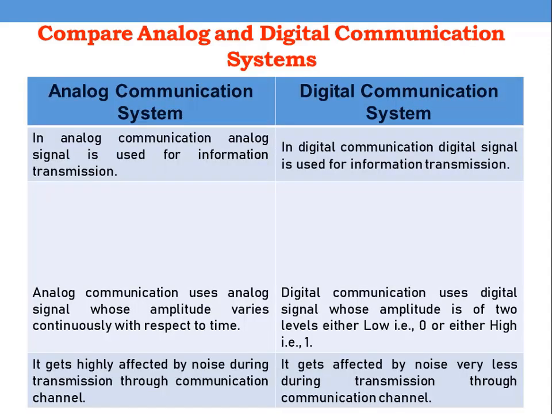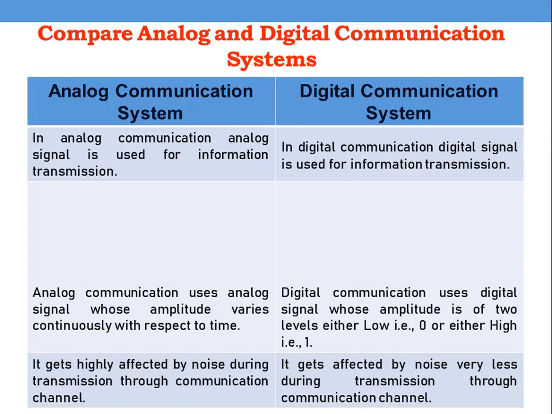The first comparison is that, as you know, in analog communication system we use an analog signal for information transmission from one point to another point, whereas in digital communication, digital signals are used for transmission of information between the two users.